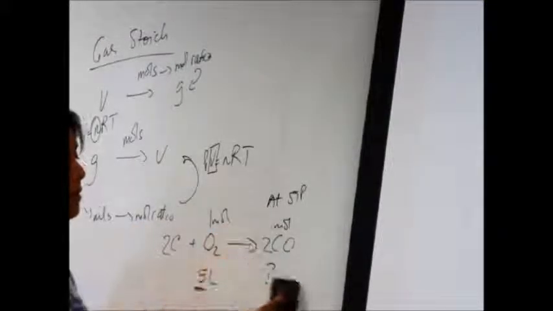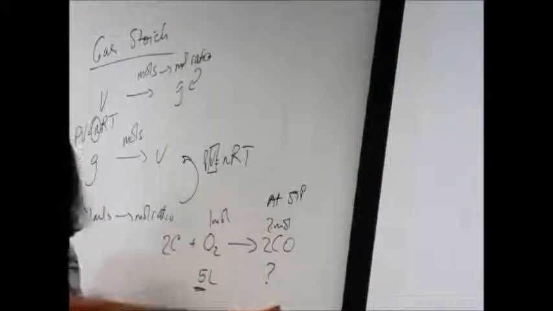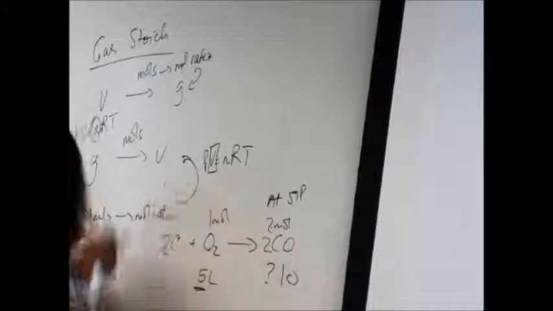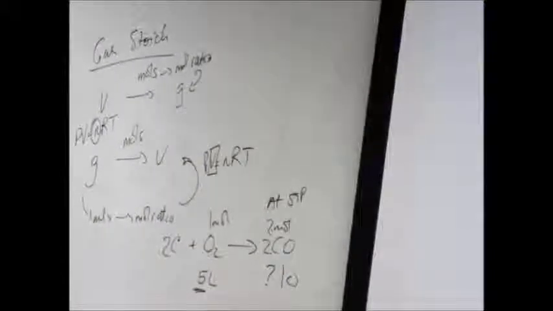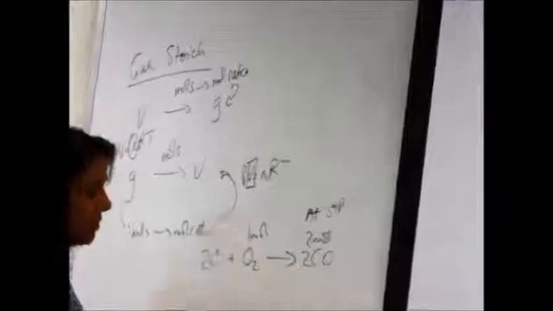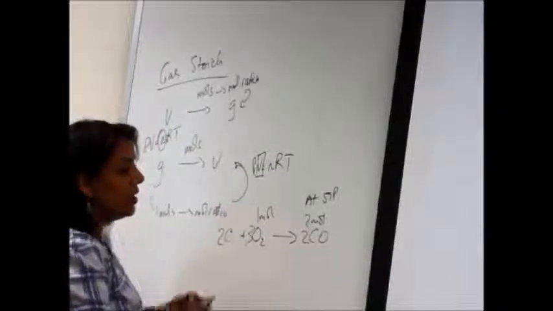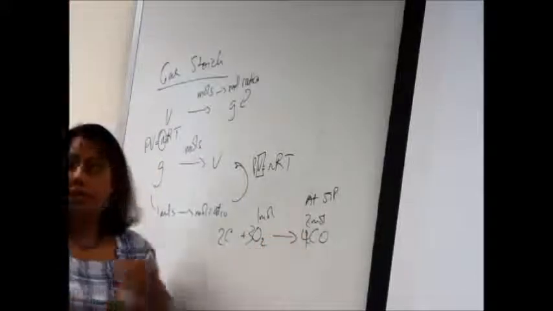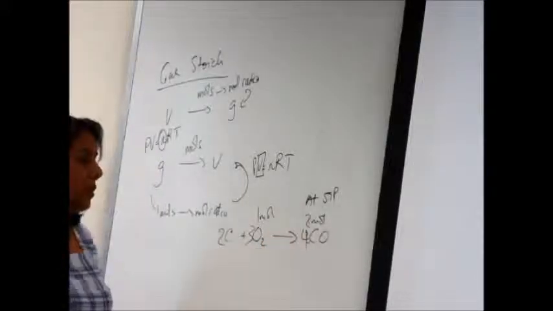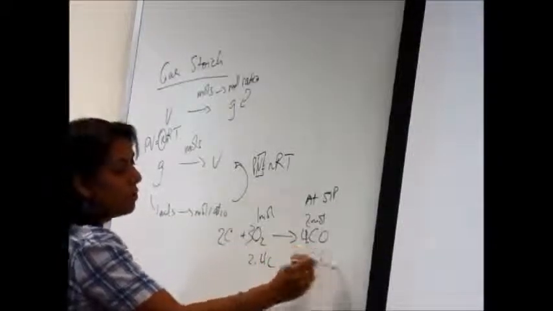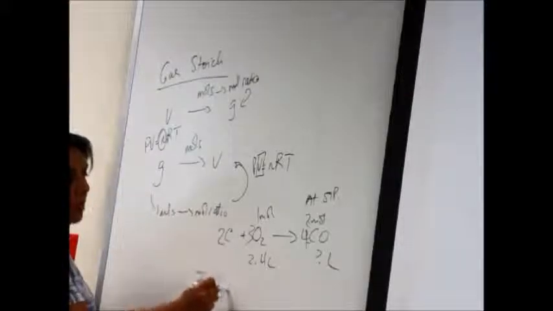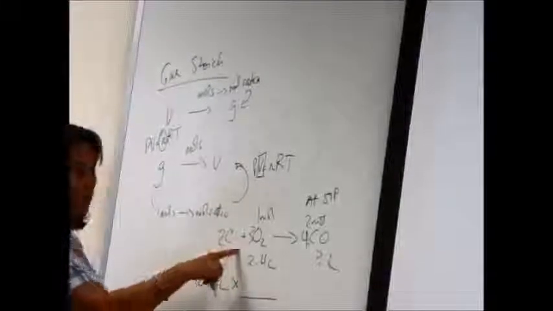So now what will be my volume here? That's how simple it becomes if you have STP. Now if it was something a little bit harder, hypothetically, if this was 3 and this was 4, a kind of ratio that's not so easy, and this was say 2.4 liters, and you're asked for the volume of this, then you would do 2.4 liters times the mole ratio.